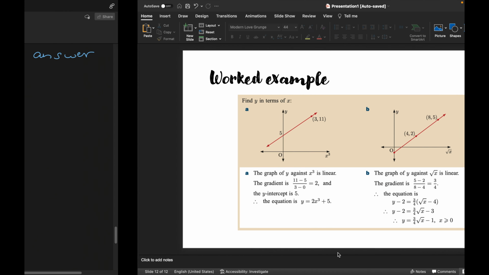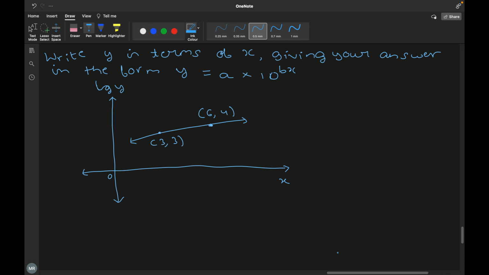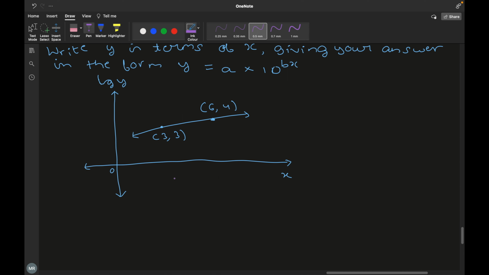Let's solve another question. Write y in terms of x, giving your answer in the form y equals a into 10 to the power of bx. Alright, first let's find the gradient. The gradient would be the change in y by change in x.